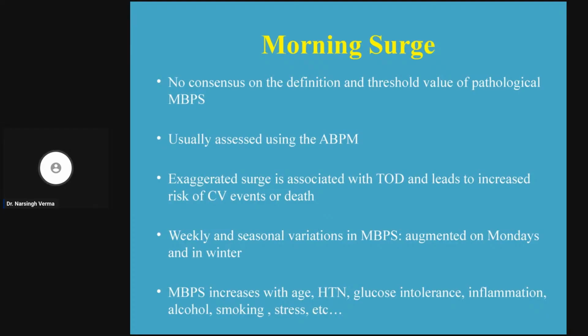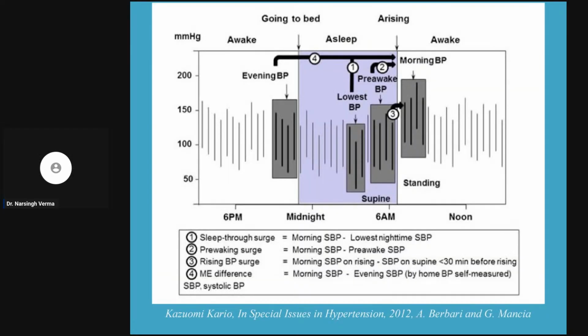So we can know this by showing different patterns during morning time, night time, and daytime. Find out the morning surge. You can see by this that the morning BP is the highest BP, and this surge defines the stress and defines the cardiovascular risk. That is why 24-hour ABPM is important.